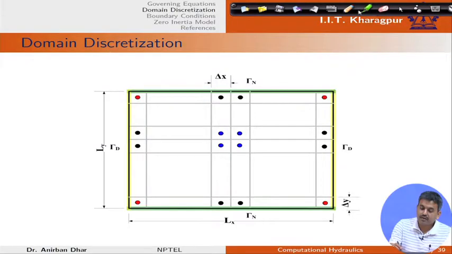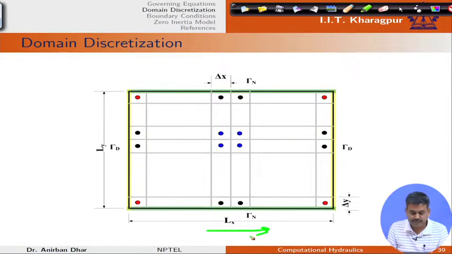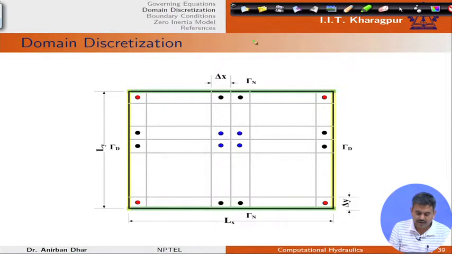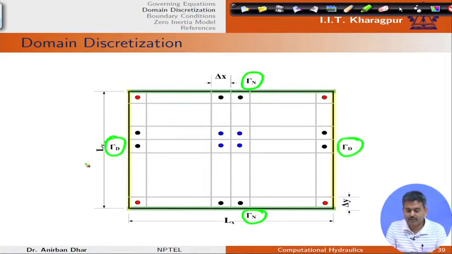So, let us say that in the x direction I have a total of m cells, in the y direction I have n cells, and like our classical problem, we have this gamma N, which is the Neumann boundary, and gamma D, which is the specified boundary.